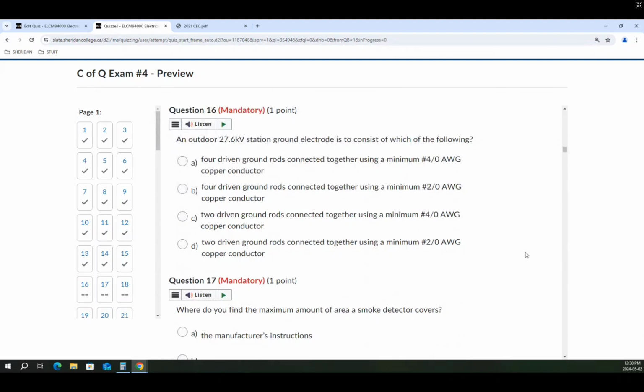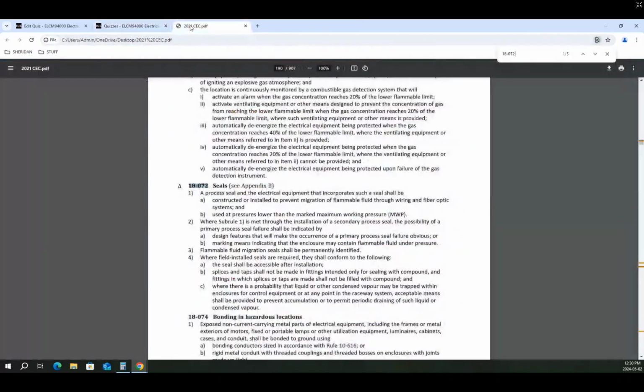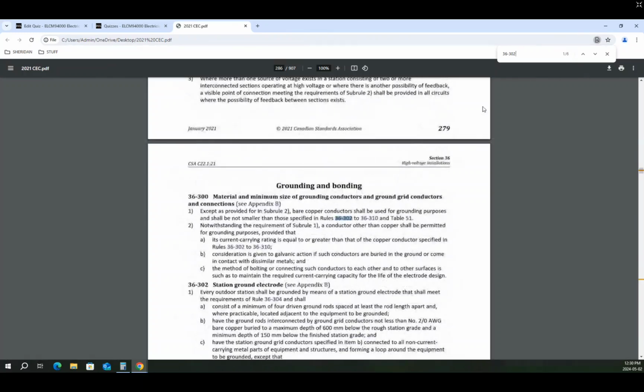Number 16, an outdoor 27.6 kV station ground electrode is to consist of which of the following? So here, I'm going to go to section 36. So high voltage installations.